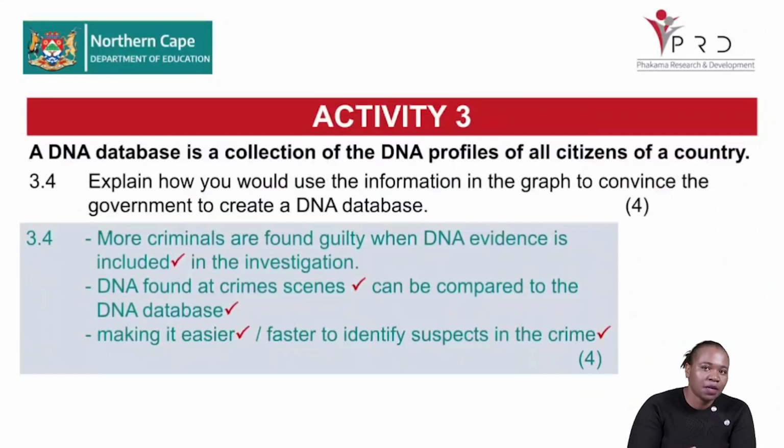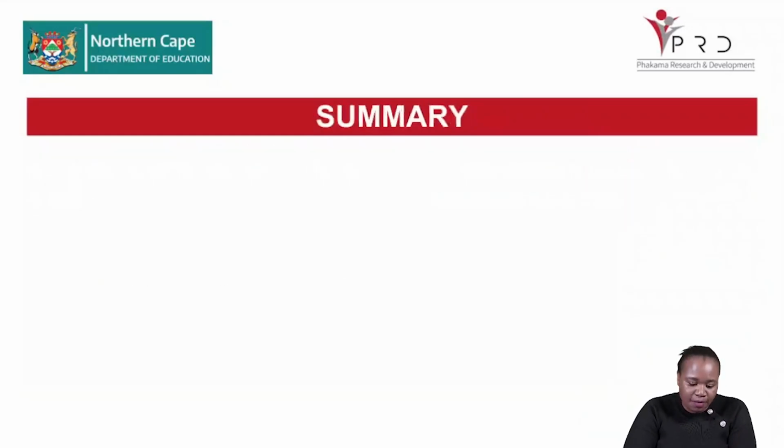Because now we have a database for everyone, we can simply compare to the database and quickly find the criminals without even having to ask those criminals to cooperate and provide their profiles. All right. And then this will make it easier and faster to identify these crimes.